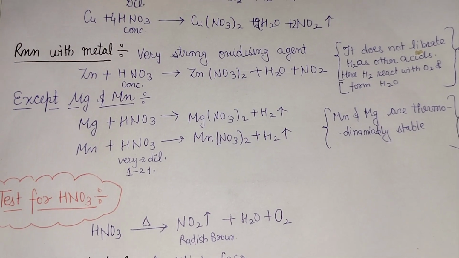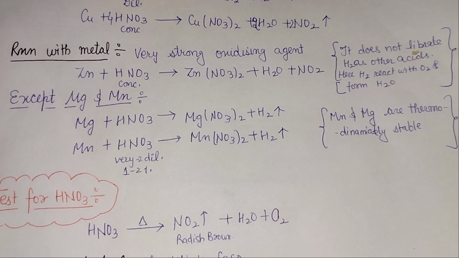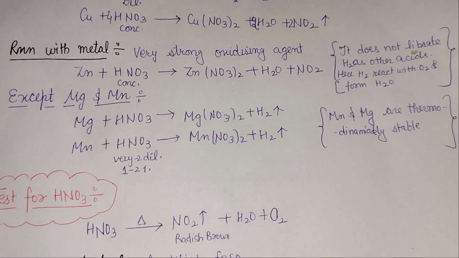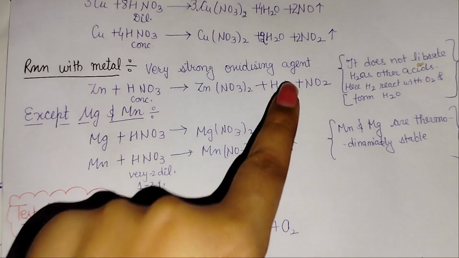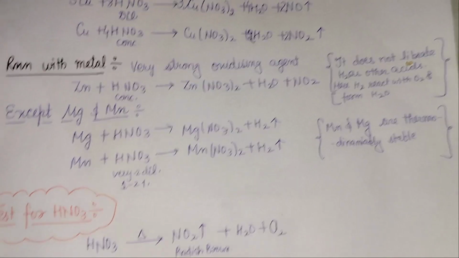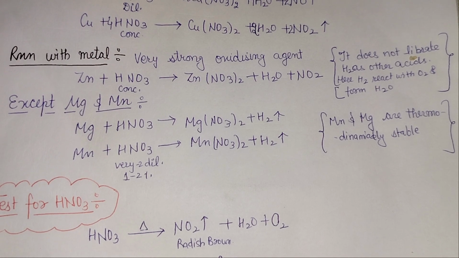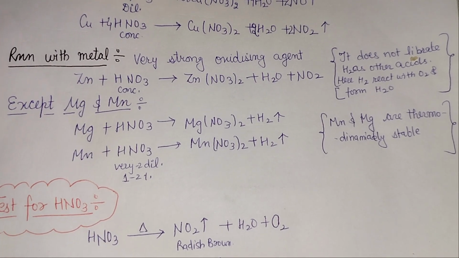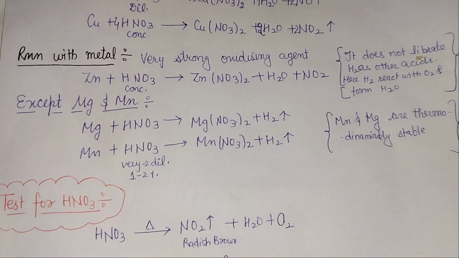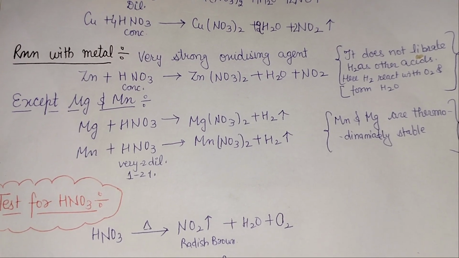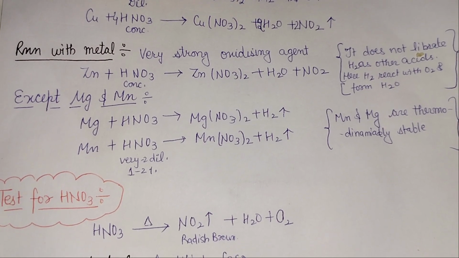But in case of HNO3 or nitric acid, it is a very strong oxidizing agent, so as it liberates H2, it will further react with oxygen and lead to the formation of H2O. But exceptions are always there. Whenever it reacts with magnesium and manganese, it will form H2 because these are thermodynamically stable, but this only happens in the case of very dilute HNO3, which is 1 to 2%.